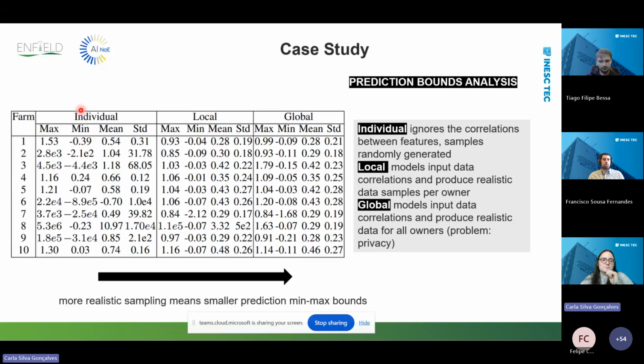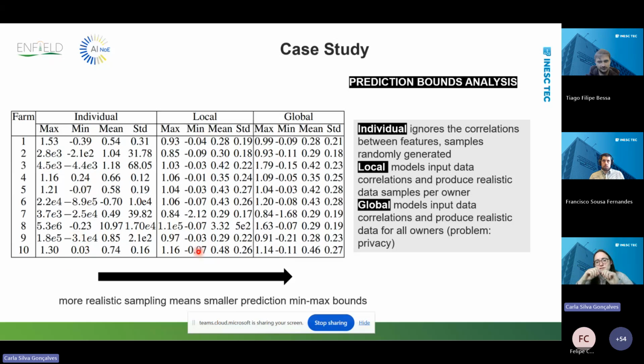If we do this randomly, so they are all independent of each other, then we will have bounds for the target that do not make sense. So here the output was normalized installed capacity. So this should be between 0 and 1. But since we were just generating them individually without a dependent structure, the results did not make sense, the minimum and maximum.